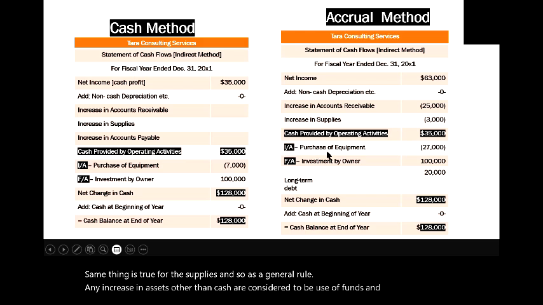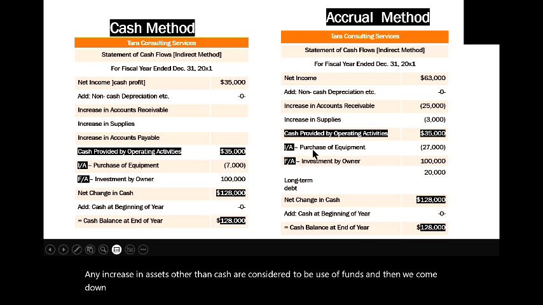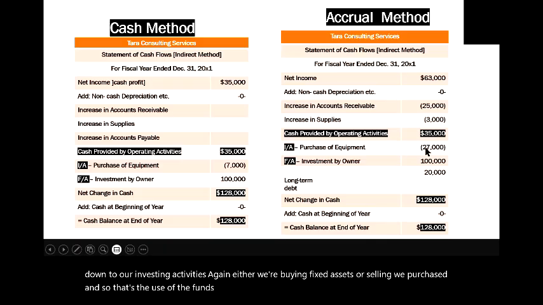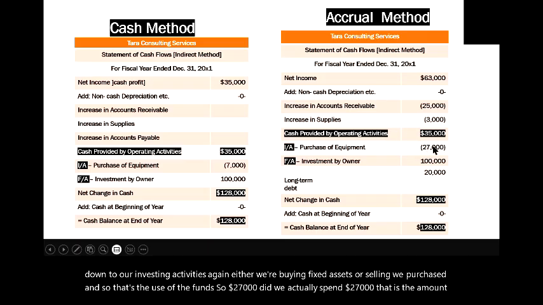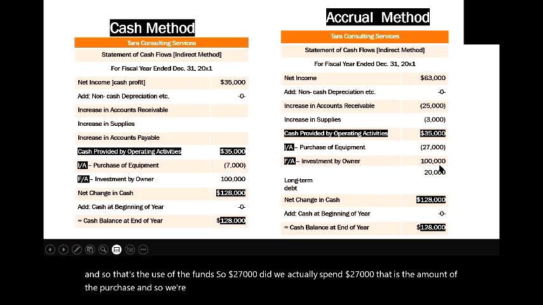And then we come down to our investing activities. Again, either we are buying fixed assets or selling. We purchased, and so that's a use of the funds, so $27,000. Did we actually spend $27,000? That is the amount of the purchase, and so we're showing the full amount.